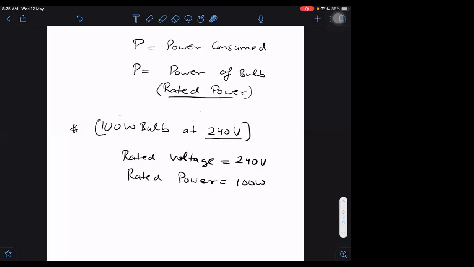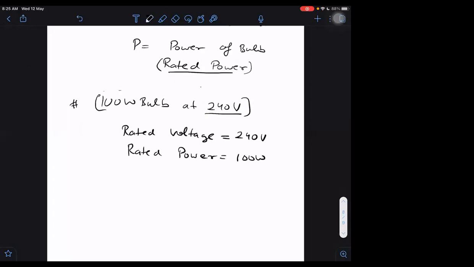Sometimes if you go to buy a lab bulb, which is going to be used in laboratories, you may have different voltages that you can apply to those bulbs. So they can say it is a 100-watt bulb, but to be glown at 100 volt.